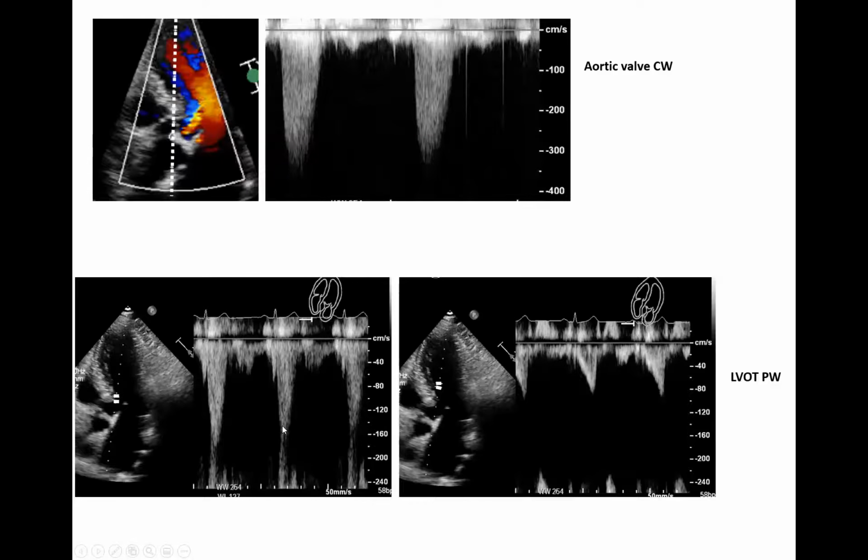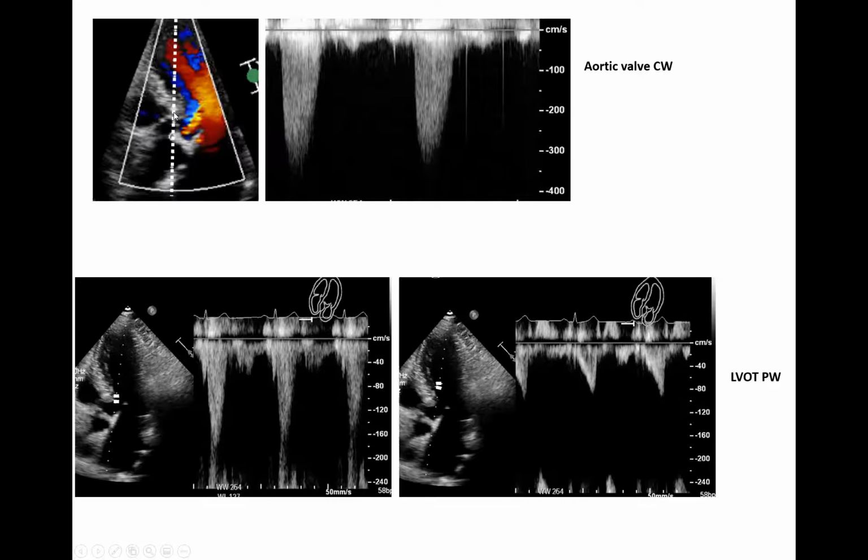You do get LVOT acceleration on your way to the aortic acceleration. You should not put your cursor in the aliasing high velocity LVOT. You should put your cursor a little lower. So when you put it a little lower, this is the true LVOT velocity. And now you have a low dimensionless index of about 0.25. But this is the one they used. So keep that in mind.